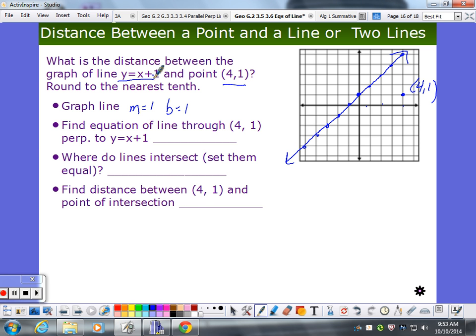Slope of the line that we started with? Yeah, 1. So what is the slope of the line that I'm going to use to measure the distance? Right? I have to drop a perpendicular. So what would the slope of that line be? This line is 1. What would the slope of the perpendicular be? Joseph? Negative 1, right? So it's the negative reciprocal.